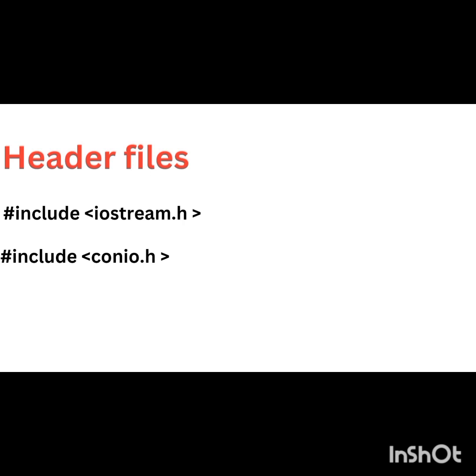The header file conio.h is a library of predefined code related to the console or the screen. For example, CLRSCR, which clears the screen, getch, which holds the screen, etc. This header file is included by typing hash include angular braces conio.h.